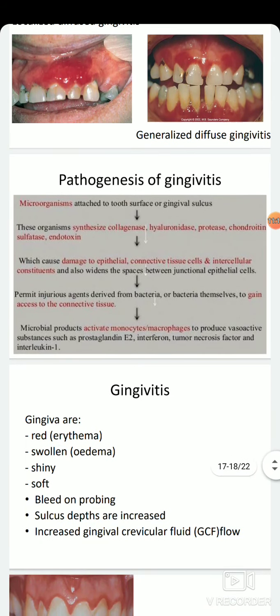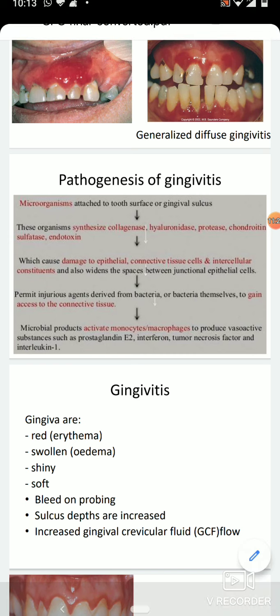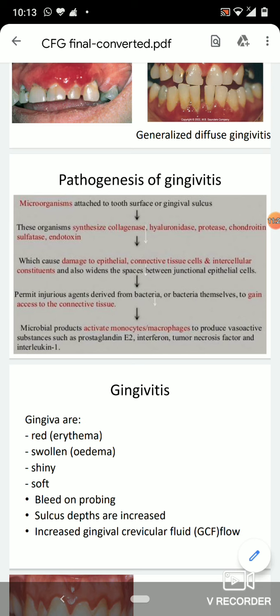Coming to the pathogenesis of gingivitis, microorganisms are the primary etiological factors. They attach to the tooth surface or gingival sulcus, and they synthesize destructive enzymes like collagenase, hyaluronidase, proteases, and endotoxins, which are virulence factors released by the microbiota. These damage the epithelial and connective tissue cells and also intercellular constituents.